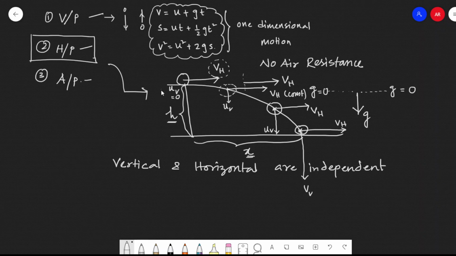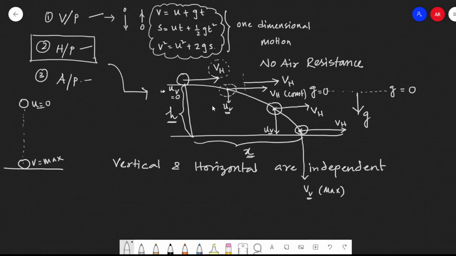So the initial vertical velocity is 0, the vertical velocity keeps increasing, and this much becomes the vertical velocity finally when it hits the ground, and it is maximum right here. This is just the case when the object is falling freely from some height: the velocity starts from 0, increases, and is maximum when it hits the ground.